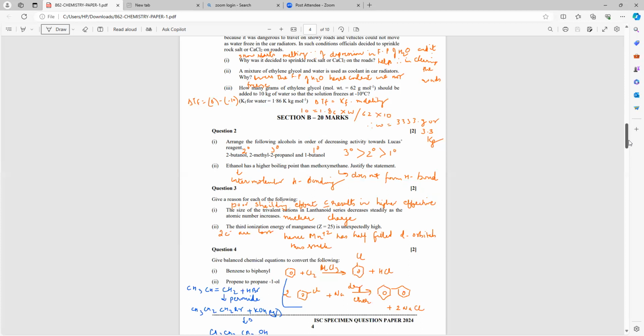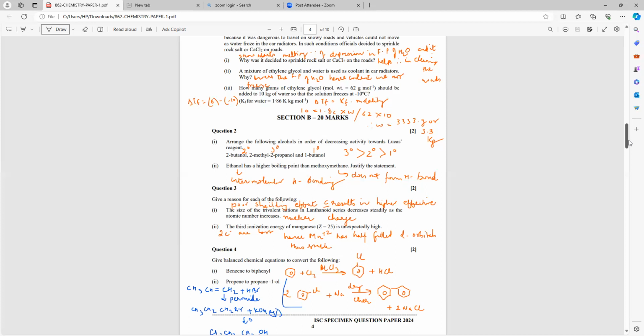Second part, the third ionization energy of manganese is unexpectedly high because when manganese changes into Mn plus 2 ion, it loses 2 electrons, and Mn plus 2 will have half-filled d orbitals which are considered to be stable. So hence, the third ionization energy of manganese will be high.